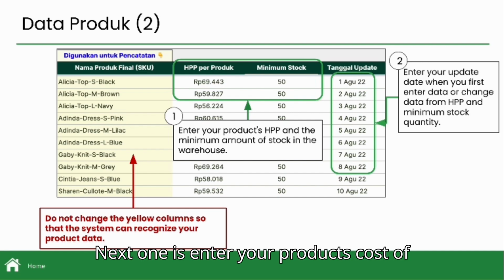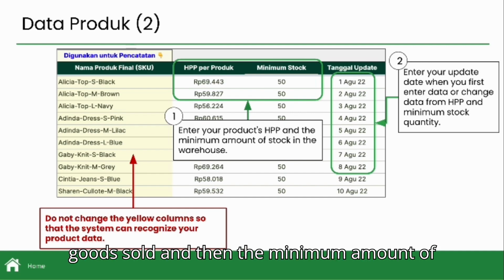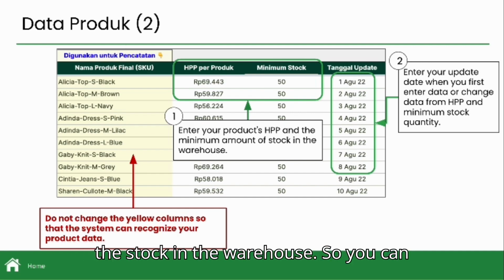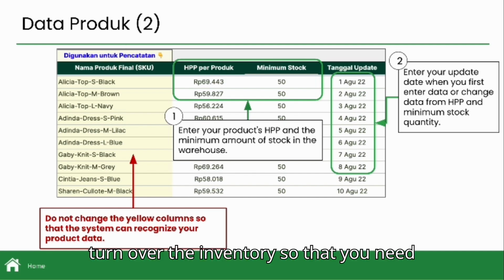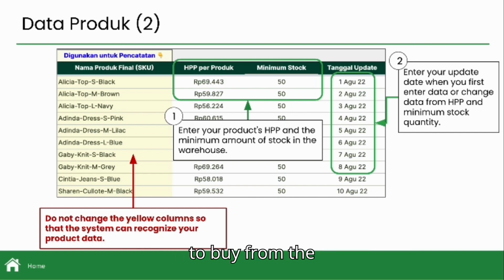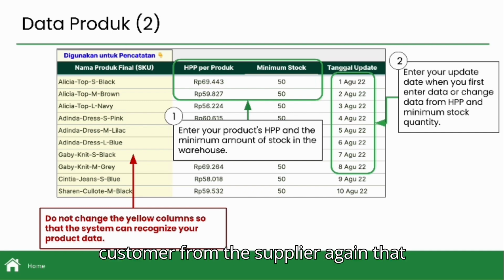Next, enter your product's cost of goods sold and the minimum amount of stock in the warehouse, so you are aware of how much minimum stock you need to maintain before you need to buy from the supplier again.